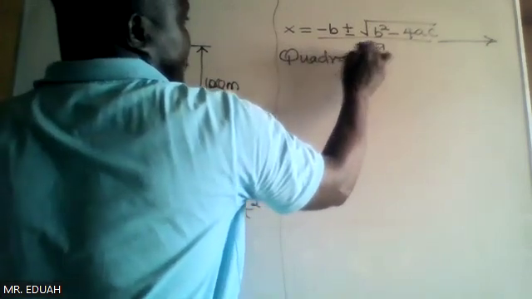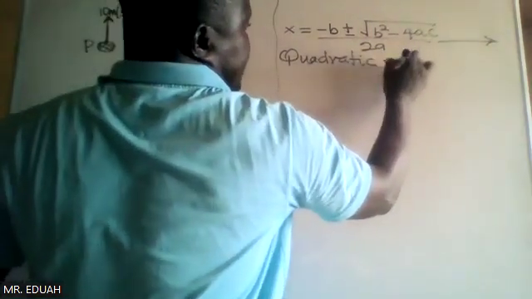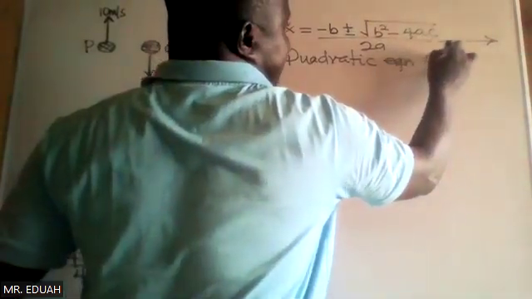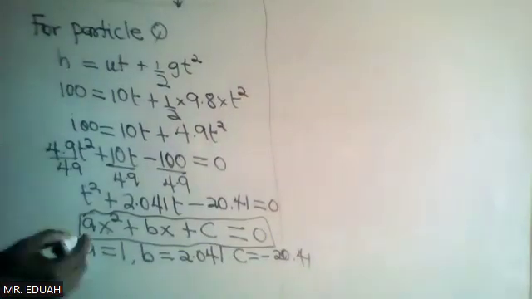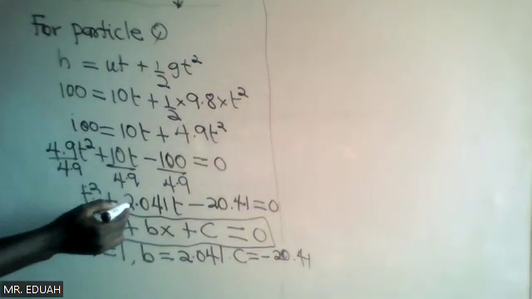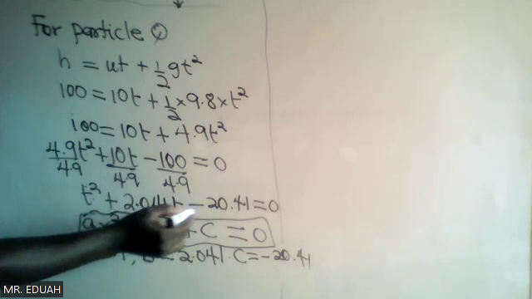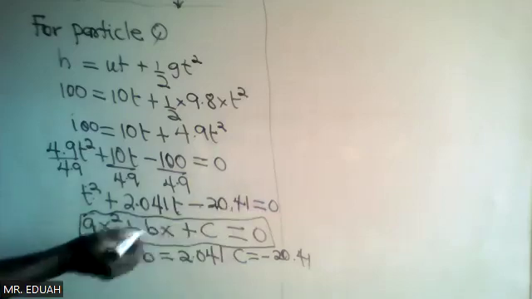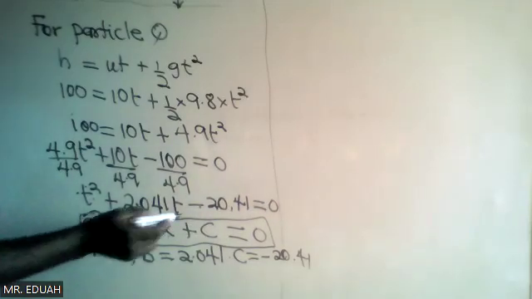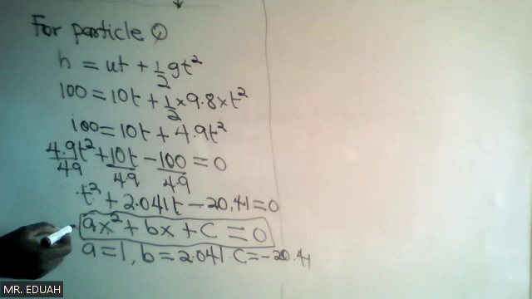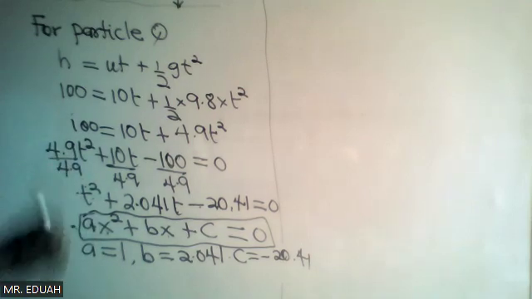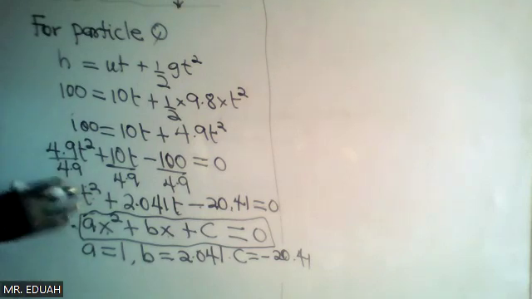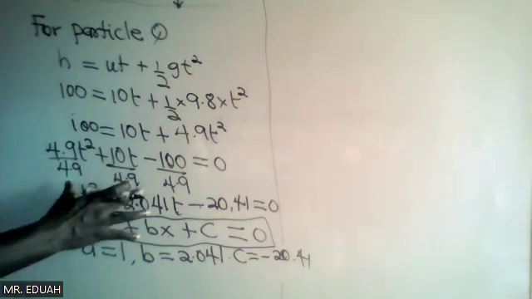So we are using it to solve this quadratic equation we have here: T squared plus 2.041t minus 20.41 is equal to 0. Of course, this is similar to the general formula. So, Mamiya, that is what we are doing. We are using the quadratic equation formula to find t.